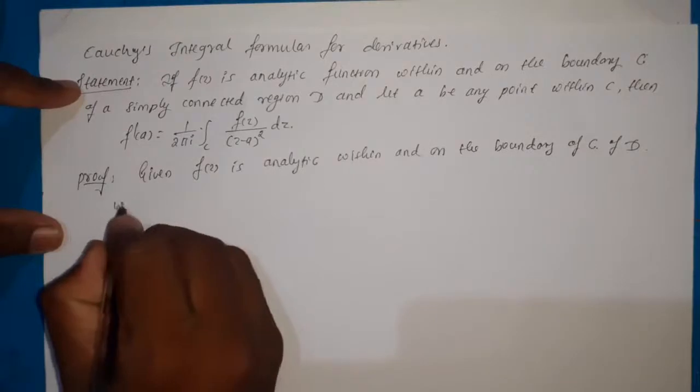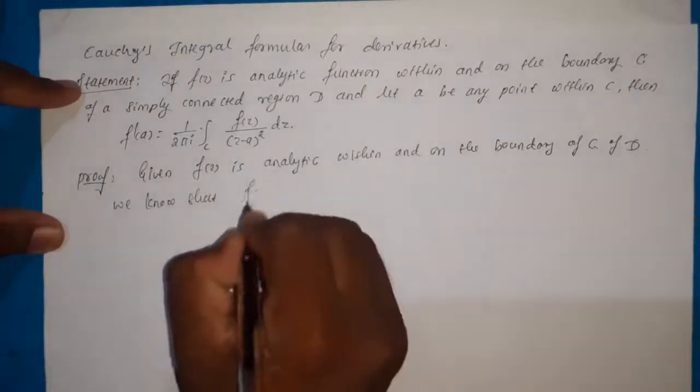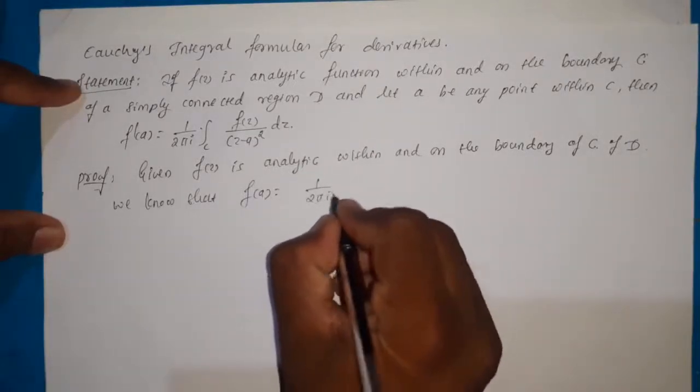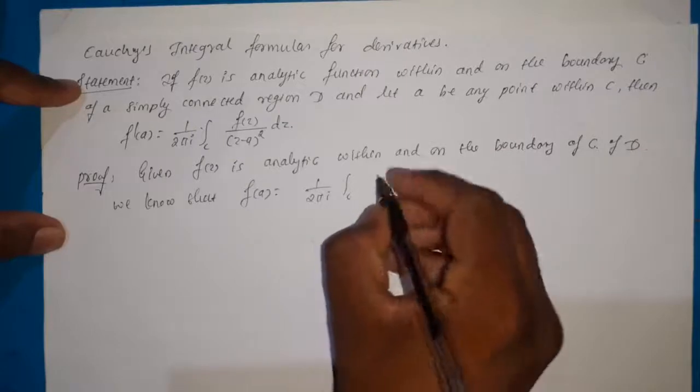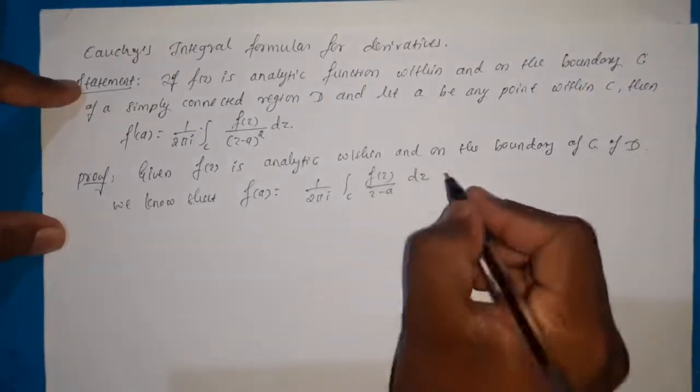So here we know that f of a is equal to 1 divided by 2 pi i integration over C f of z divided by z minus a into dz.